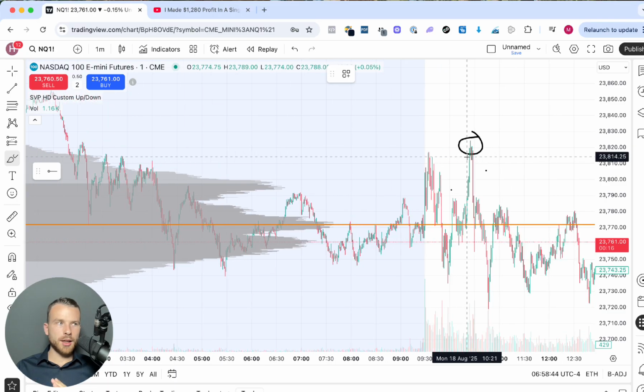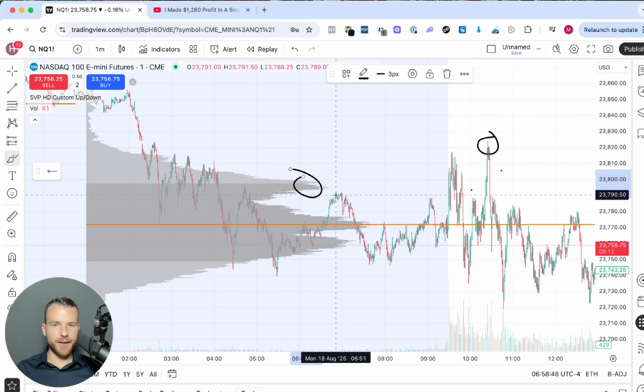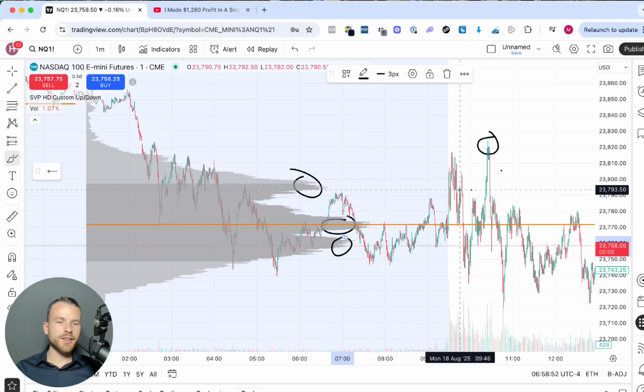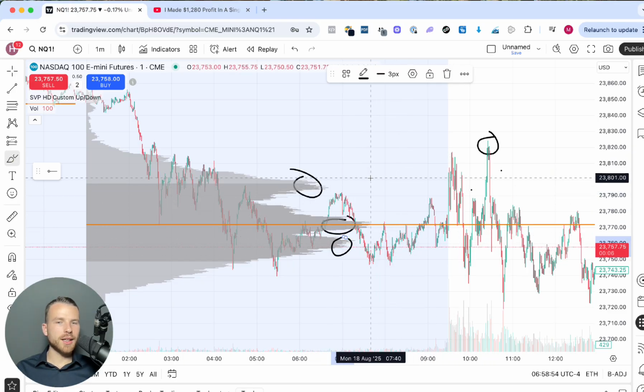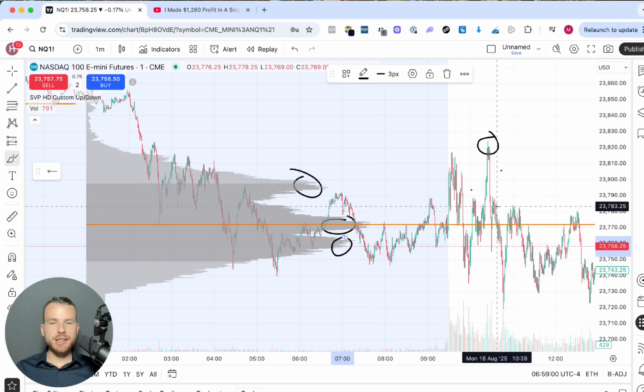Now, in order to do that, you need to remember high volume nodes are areas where the market accepts price, right? And once the market accepts a certain price, your advantage is usually gone. And here's an easy way to think about it. Imagine a car dealer buying and selling trucks, okay? So if the average price of a Ford F-150 is $50,000 and he buys one for $49,000, well, he doesn't really have a huge edge, right?